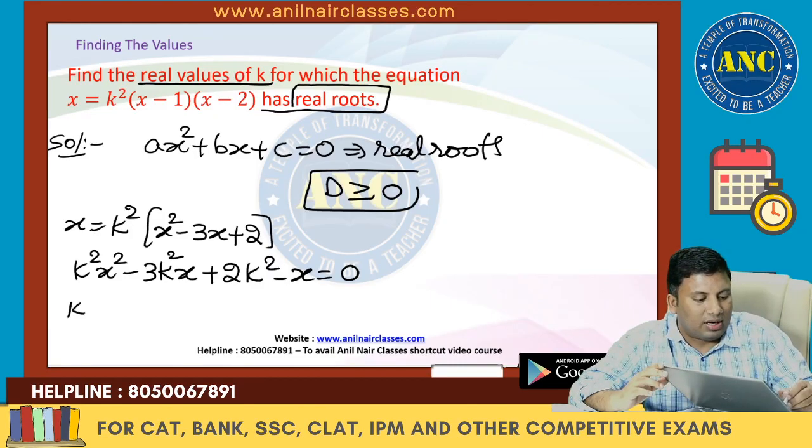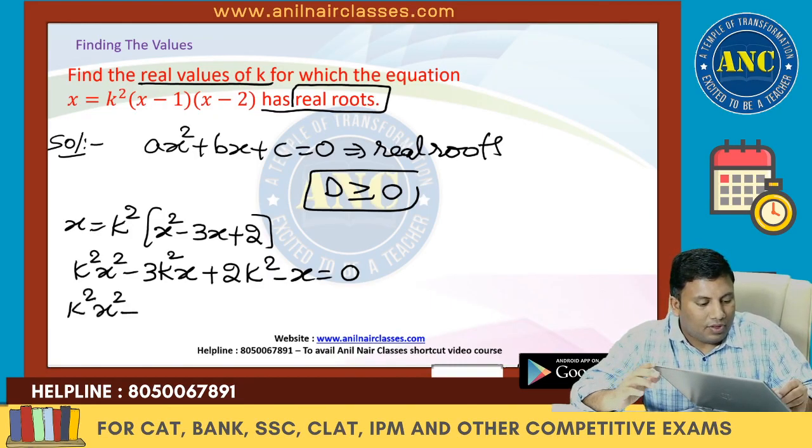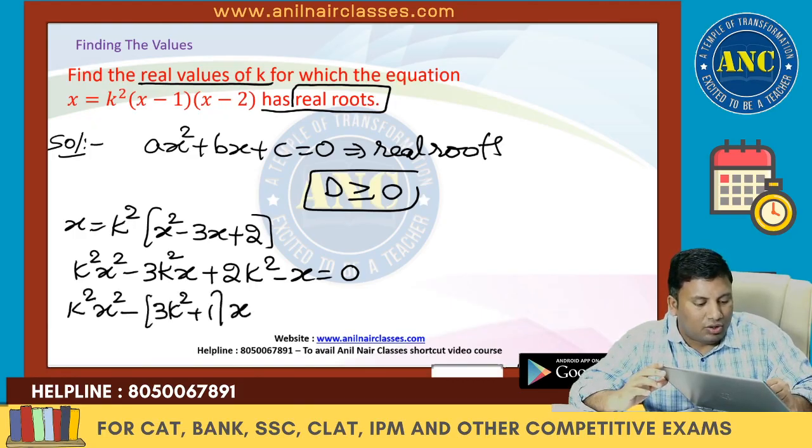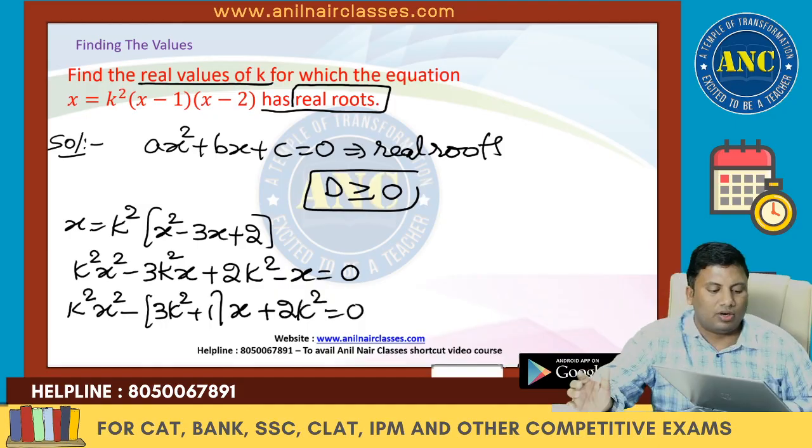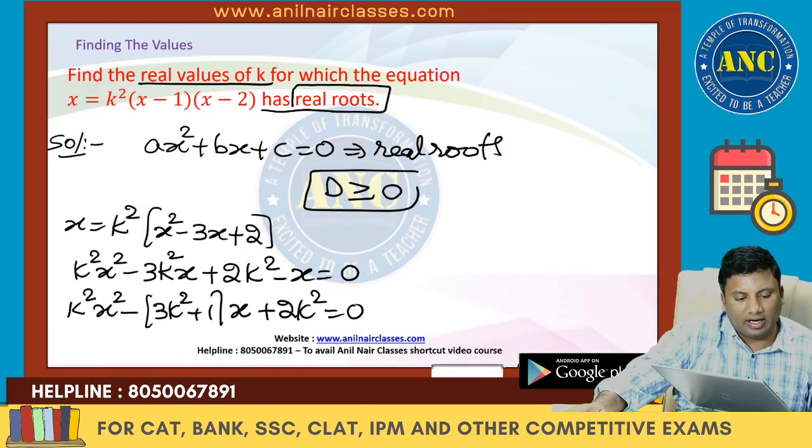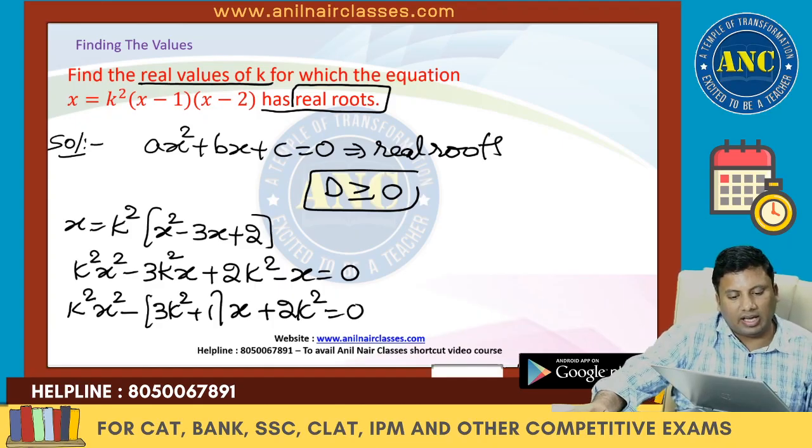This is k square x square minus of 3k square plus 1 into x plus 2k square equivalent to 0. Am I right?